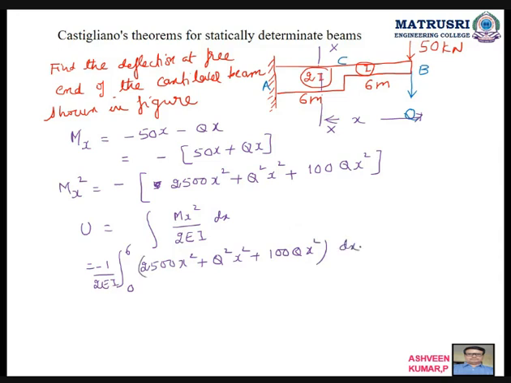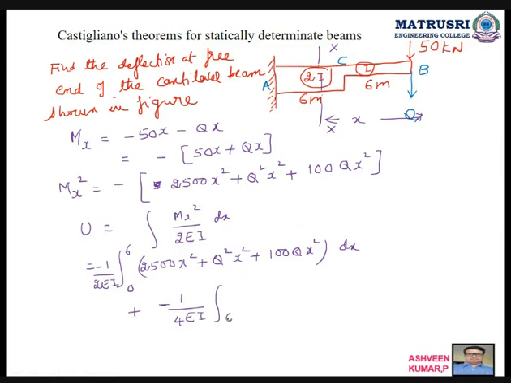That is 1. Now the second one is minus 1 by 4EI. Why am I writing 4EI? Anybody? Because it is 2I. So therefore I am taking minus 1 by 4EI.